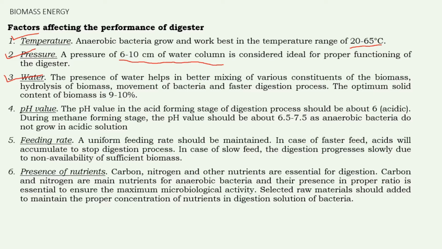So we have to make sure that the feeding to the digester is uniform, and it should be daily. The next one is presence of nutrients: carbon, nitrogen, and other nutrients are essential for digestion.